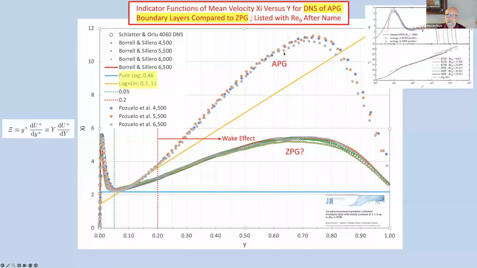Why do I include the APG? Because for APG, I can tell where the wake effects start. So my overlap for APG and for all boundary layers, you see these values are much smaller than in pipes and channel. Instead of 0.3 to 0.5, they're from 0.05 to 0.2.